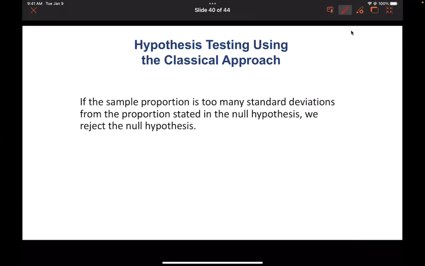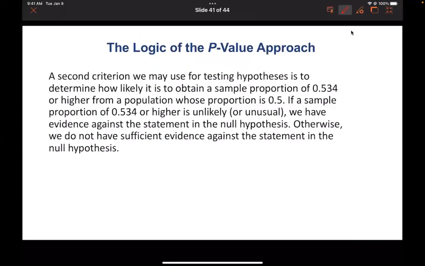So let's take a look here. So our p-value approach. What we do is, this is a whole lot of words, we determine the probability of getting 0.534 for a sample proportion if our population proportion is 0.5.